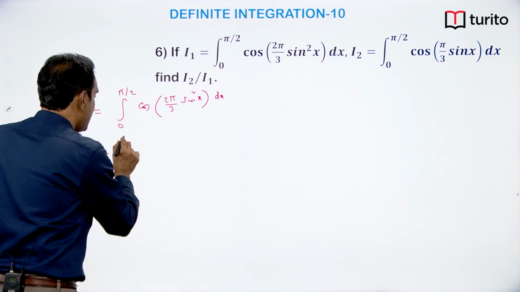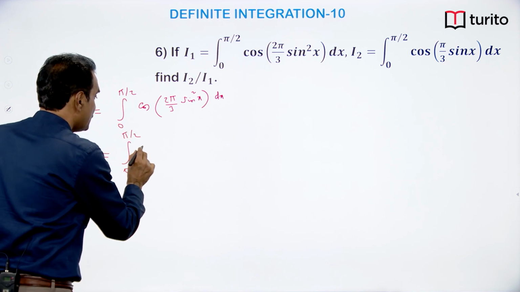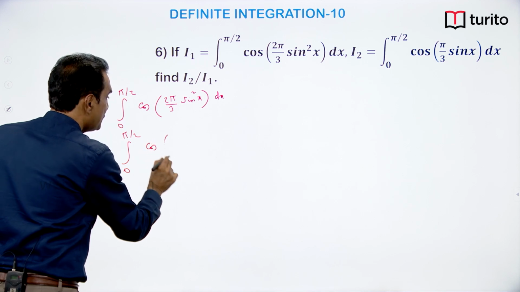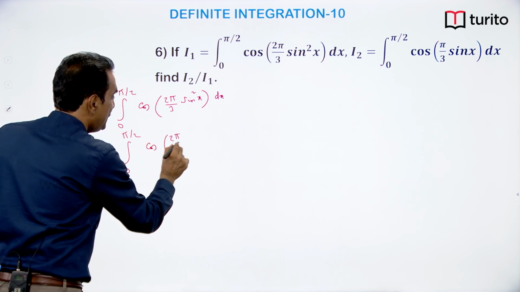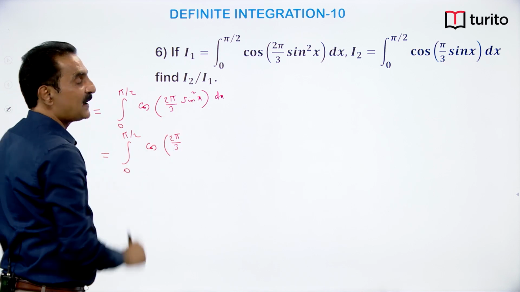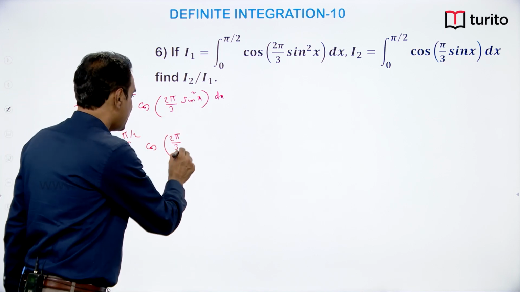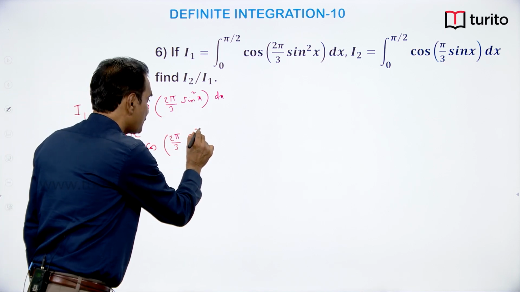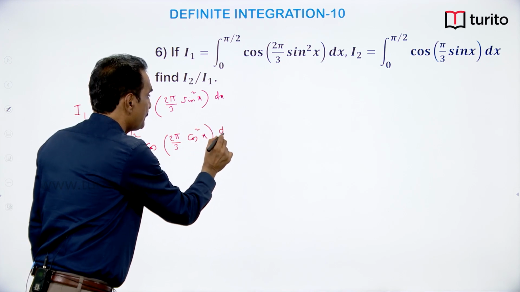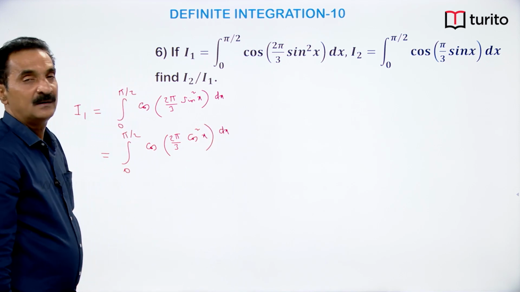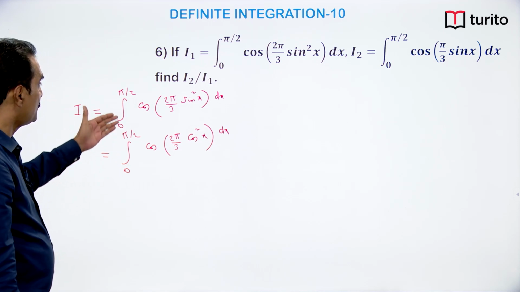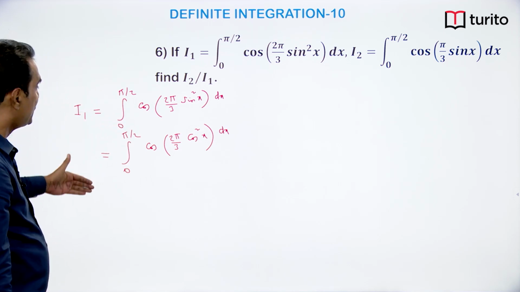Integral 0 to pi by 2 cos of 2 pi by 3 into sin square pi by 2 minus x will be cos square x. Okay. Then what will you do after applying this property? You will add the integrals.